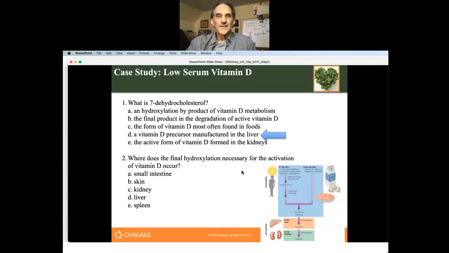And where does that final hydroxylation take place? Well, there's two other organs involved. We have the skin, the first organ, for at least the vitamin D produced by the sun. And then we have the liver, and then we have the kidney. So the kidney is the final place of that last hydroxylation, making the active form for us, calcitriol, of vitamin D.